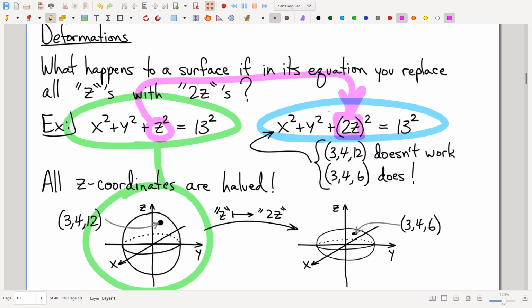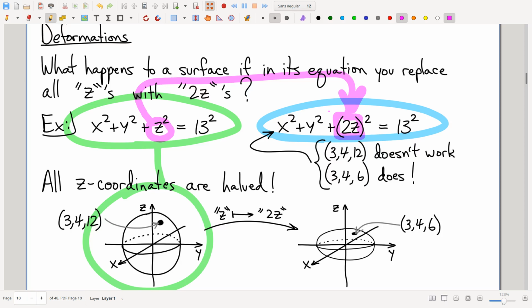Okay? So the big idea here is to realize that 12 got messed up by that 2. Can't I undo that 2? Can't I anticipate having to multiply by 2 and put in a different value of z instead?